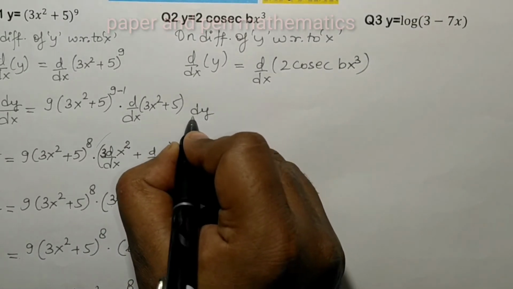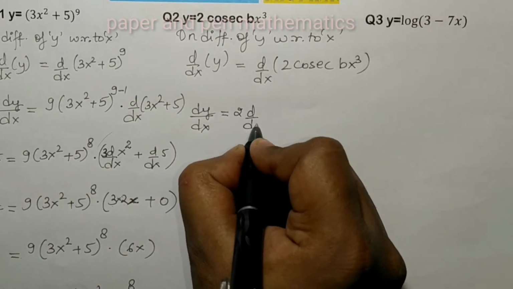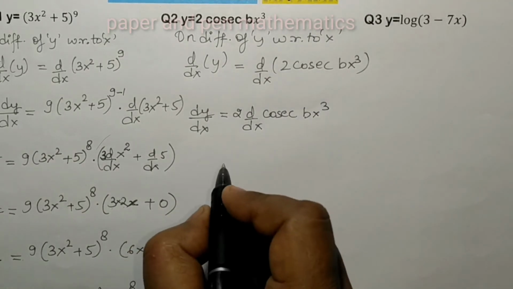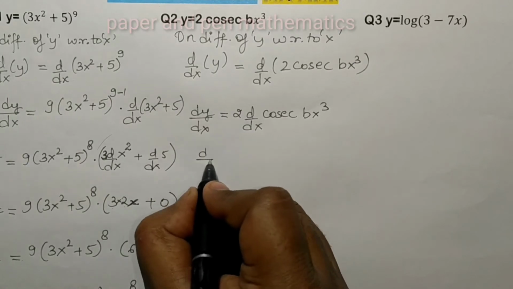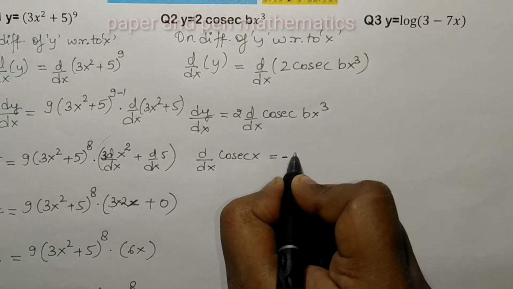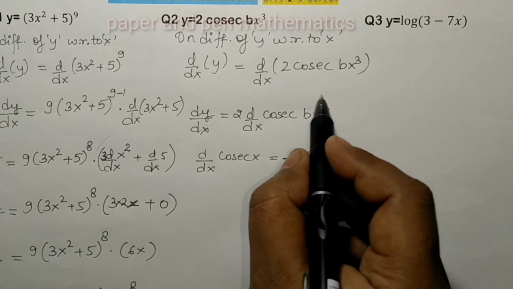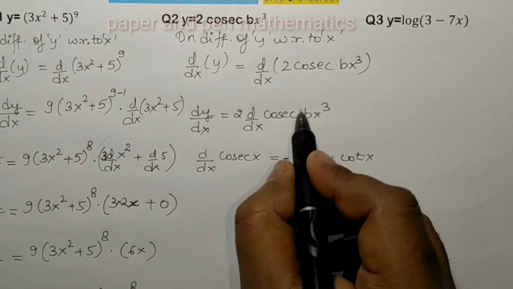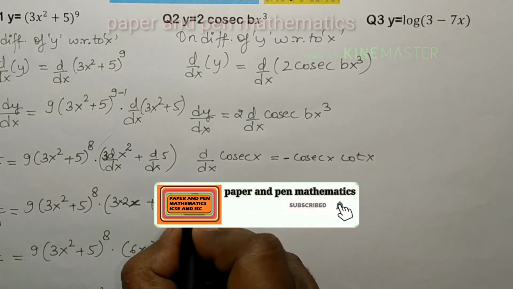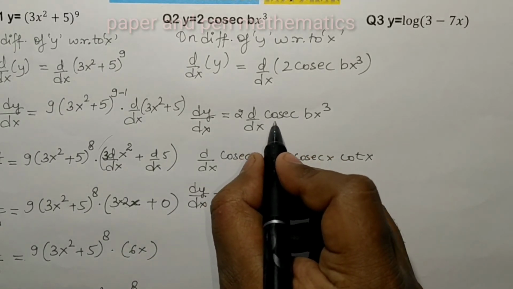So differentiation of y will be dy by dx is equal to 2, which is a constant, 2 will come out, d by dx of cosec bx cube. Now if you have studied the formula of cosec x, it gives you minus cosec x cot x, but over here x is not given to us, we have been provided with bx cube, so we will assume that this full thing is x.